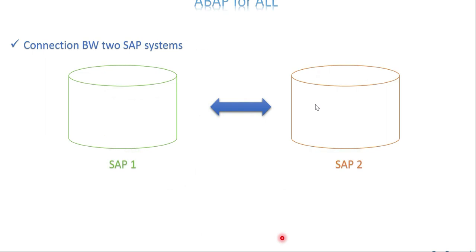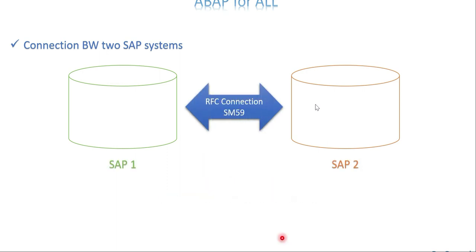The scenario we are going to perform in today's session is one SAP system to another SAP system with the help of remote enable function module. The first step is to create a connection between two systems. That is the very beginning step, called RFC connections, remote function call. You have to create a connection between system A and system B, here SAP system 1 and SAP system 2, along with a few details.